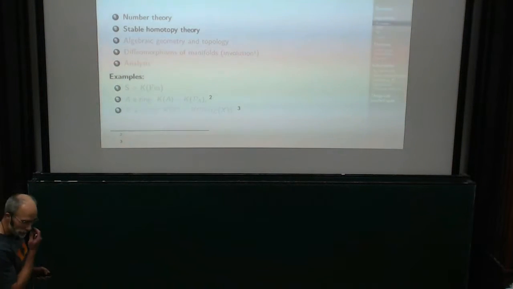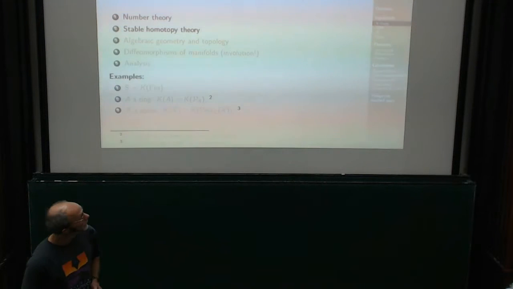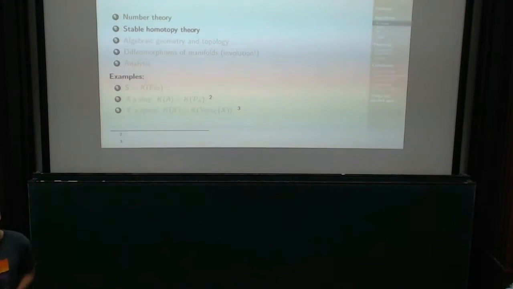Obviously, this is not a chronological list here, but stable homotopy theory has been very important for us now. Well, there's many things you could say here, but one of the things is that important ring spectra that we want to know about actually come as algebraic K-theory of things, so we can control them very, very nicely. That's perhaps going the other way around.